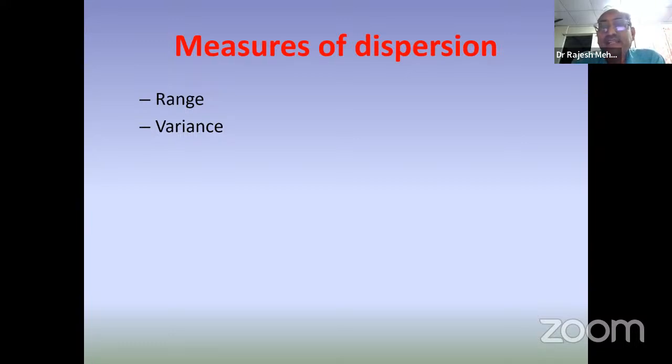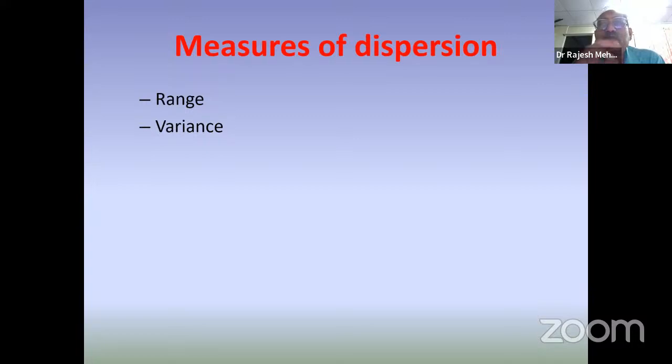So if you are 10 individuals and you are keeping a party at one person's house, then 9 persons need to move. That means n minus 1, 10 minus 1. But in case there is a large data set, 100 or 200 people, then subtracting 1 doesn't make much sense. So we keep n.